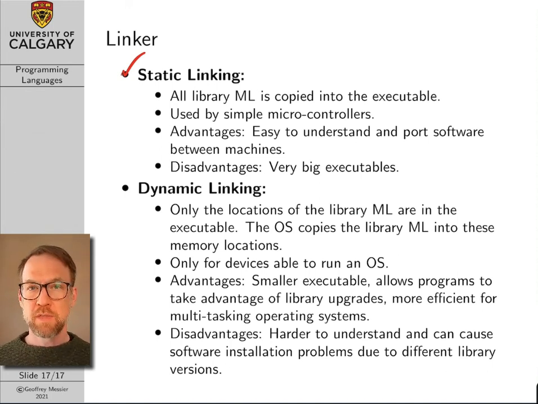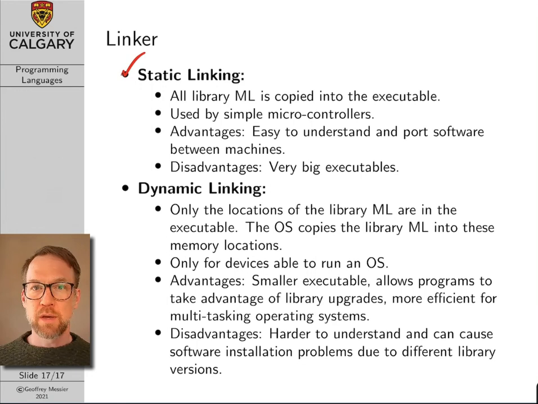This is the type of linking that's done for very simple microcontrollers. So for example, when we program the AVR chip for the hands-on exercises in this class, our tool chain will always use static linking.